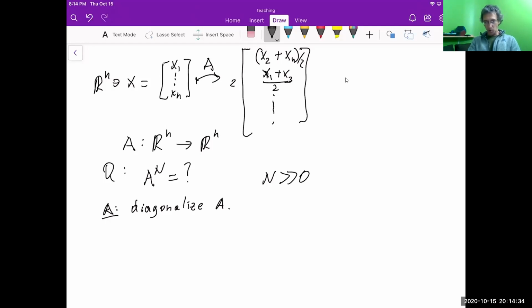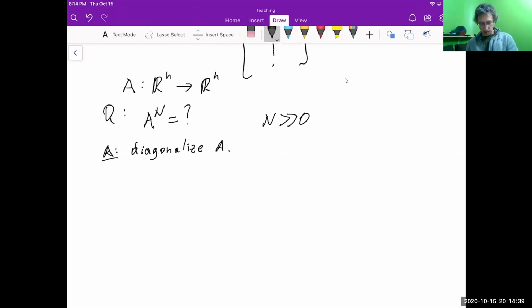Now the question is how exactly we diagonalize A. And the problem is that if you write the matrix of A, it's not a very easy matrix. It might take half a minute to actually write that. So let me take 1/2 outside.